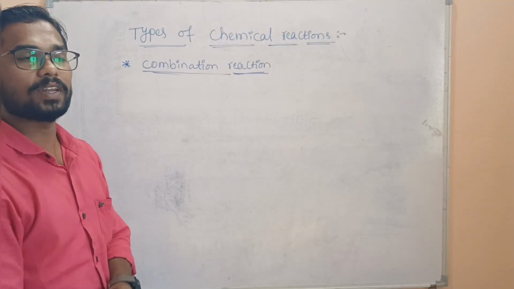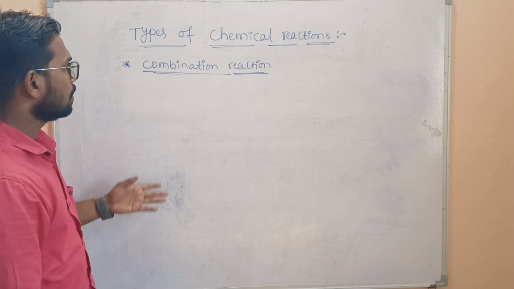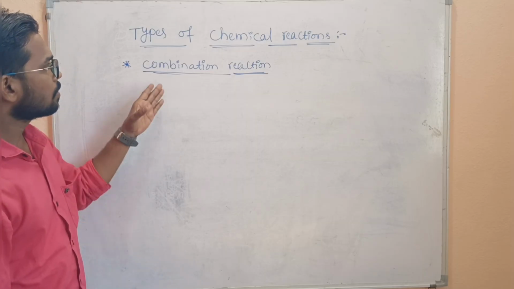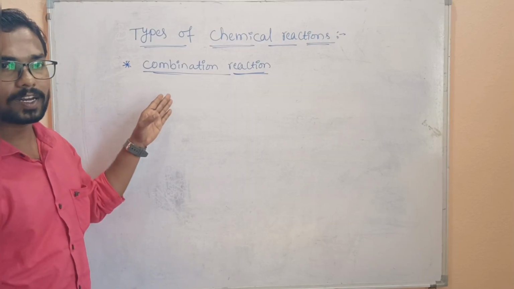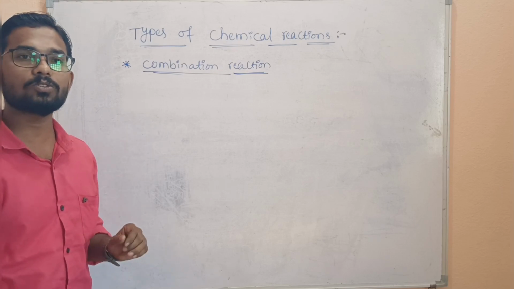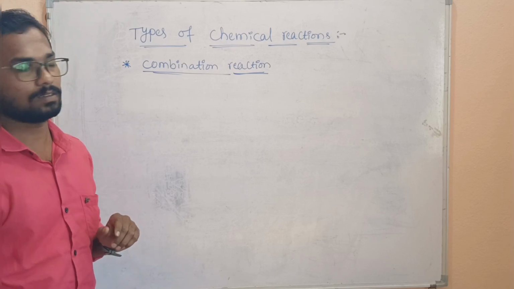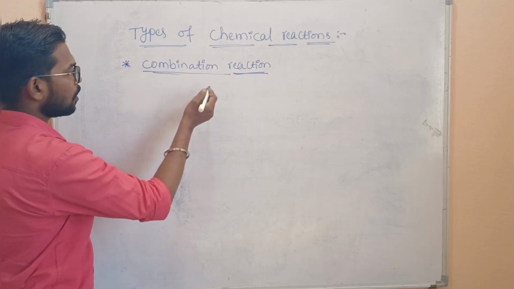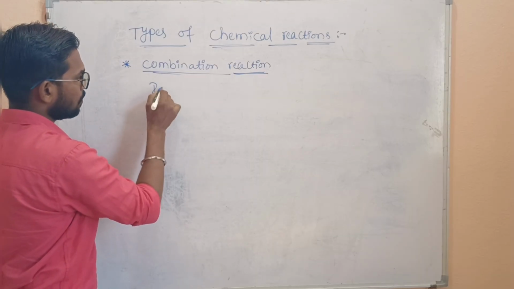The definition of a combination reaction is a type of chemical reaction in which one or more substances react to form a single substance.